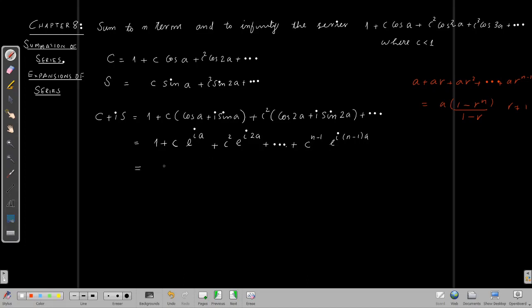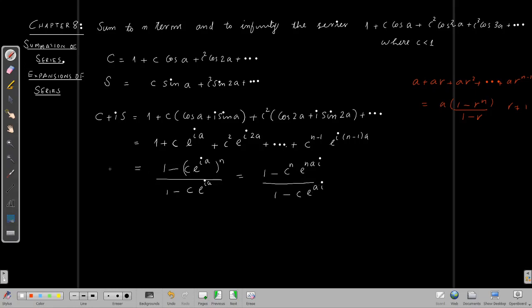The first term is 1, so the numerator is 1 minus r raised to n, where r is c times e raised to iA, so r raised to n is c times e raised to iA all raised to n, divided by 1 minus c times e raised to iA. So this can be written as 1 minus c raised to n e raised to niA divided by 1 minus c times e raised to iA.